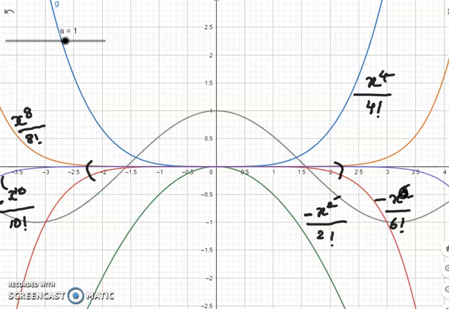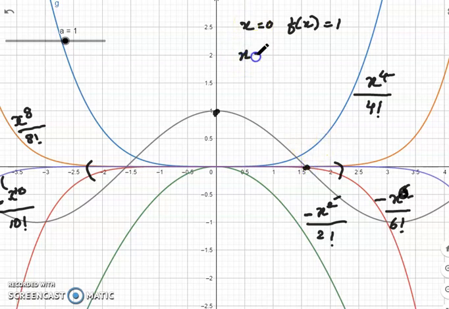Yes, I produced another function. By observing it closely, we can see that its value is maximum when x equals 0. When x equals 0, f of x is 1, and this point is very close to 3.14 by 2, that is pi by 2.